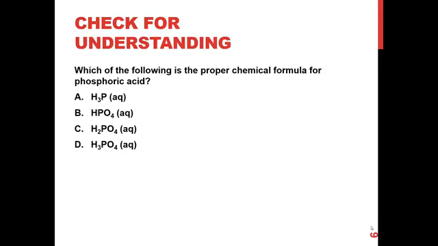Which of the following is the proper chemical formula for phosphoric acid? Pause the video, select your answer, and then hit play for an explanation. Phosphoric indicates phosphate, which is PO4 3-.